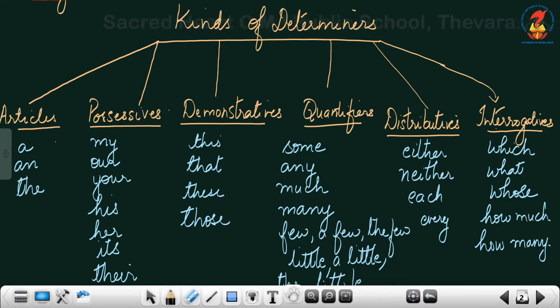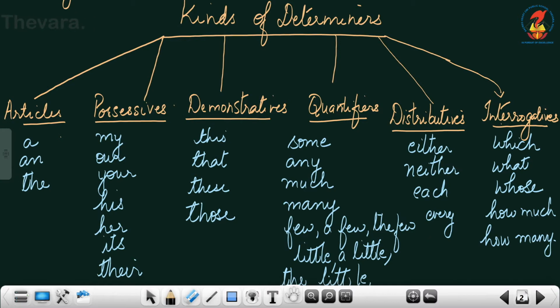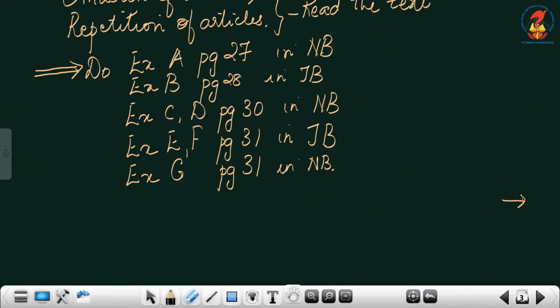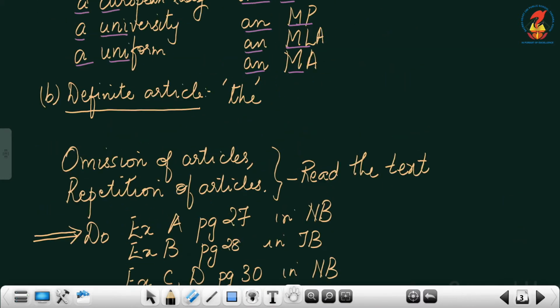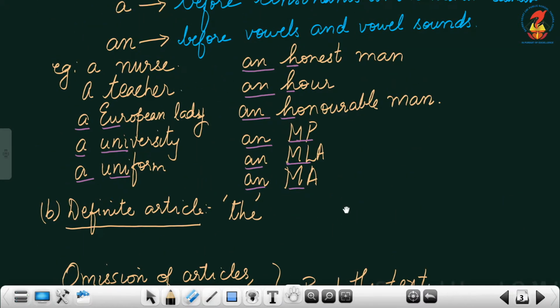Quantifiers: some, any, much, more, few, a few, the few, little, a little, the little. Distributives: either, neither, each, every. Interrogatives: which, what, whose, how much, and how many. Now we move on. We are going to learn a bit of each and every one of these.